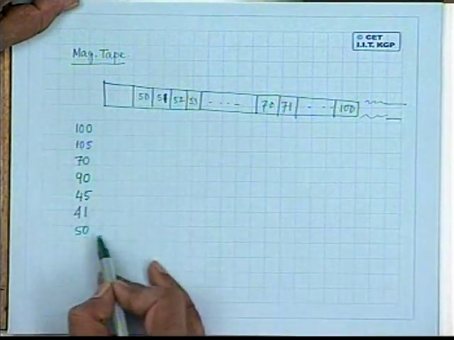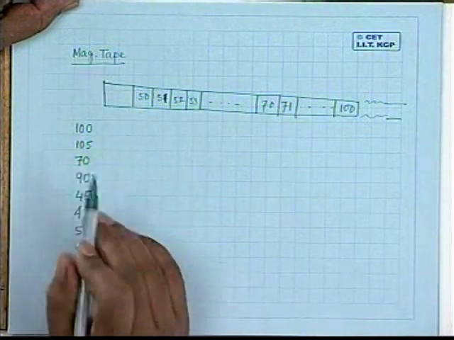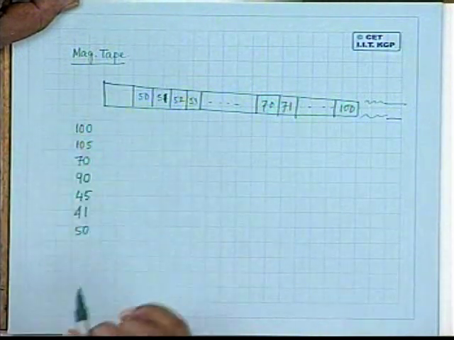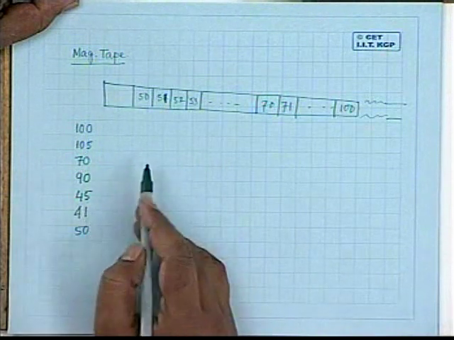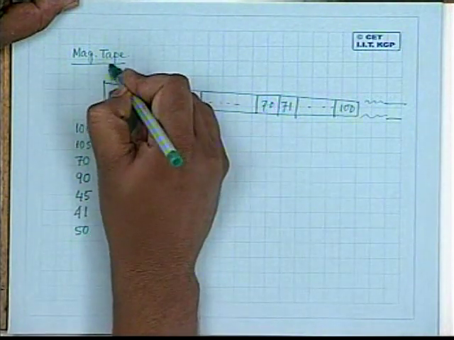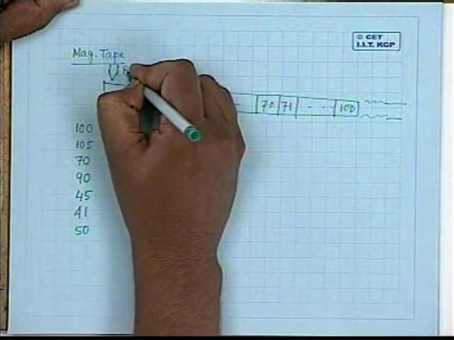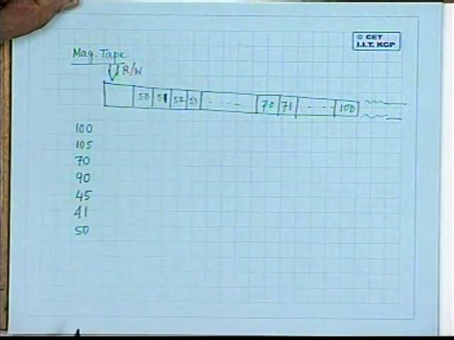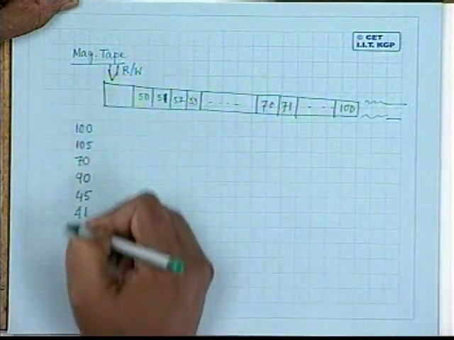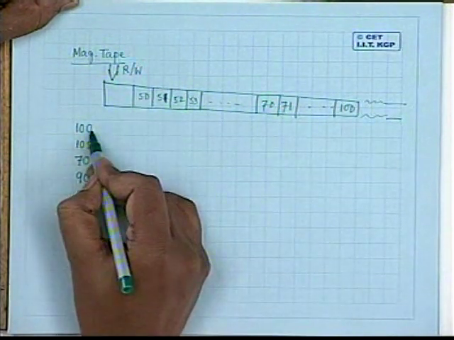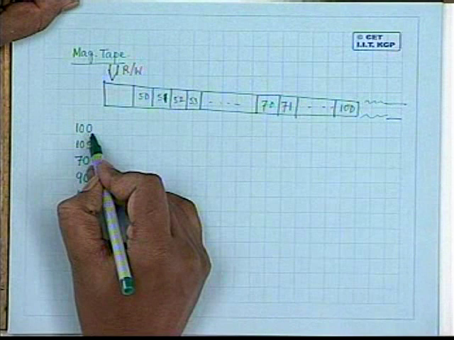So here you find that if the requests are to be met in this given order, initially our read write head will be somewhere here. This is the read write head. The first request is for access of record number 100.